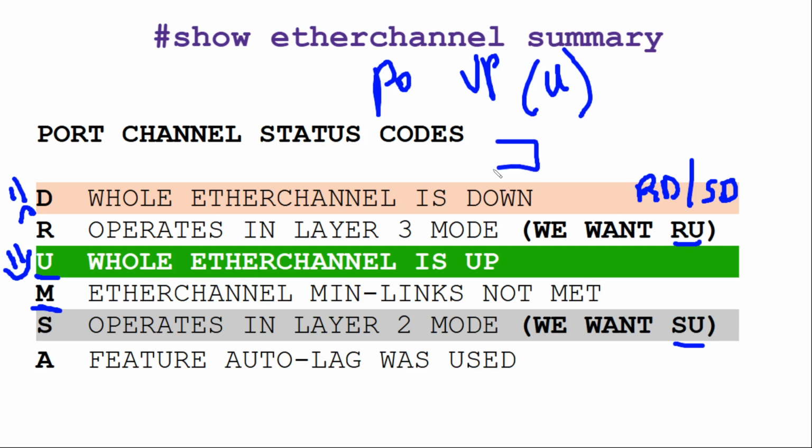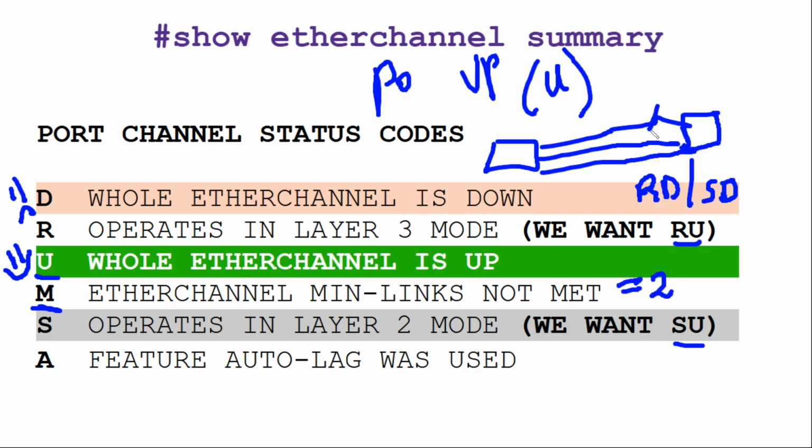So this happens, for instance, if you had let's say 3 links and you configured min links to 2, and you have 2 links down, you only have 1 link up. That 1 link up is less than 2, so in that case your port channel will show as SM or RM.